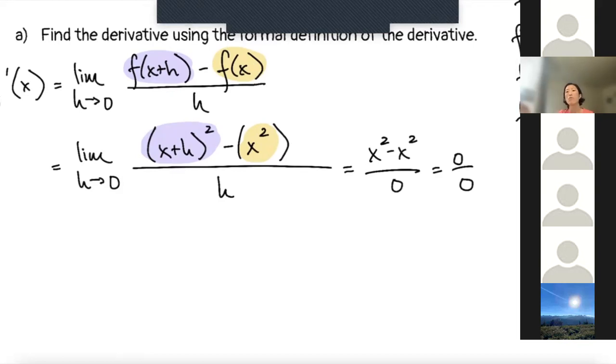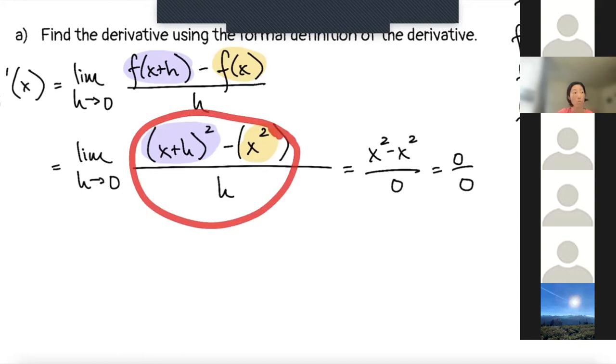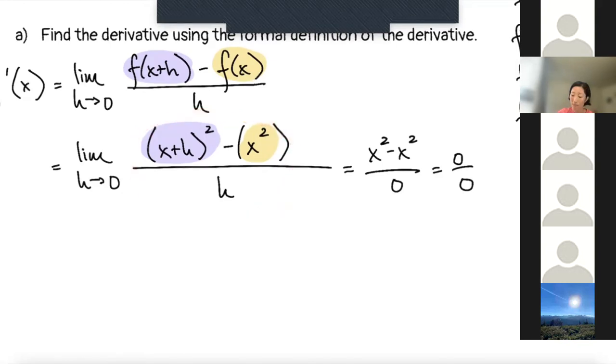If we get 0 over 0, that's a problem for us. And so what we need to do is work to write this in a different way. And what happens is we're really going to need to expand this and then simplify. Okay, so in terms of handling this 0 over 0, it's not going to be as complicated as it was for limits.